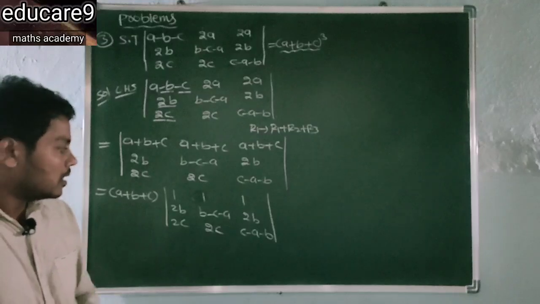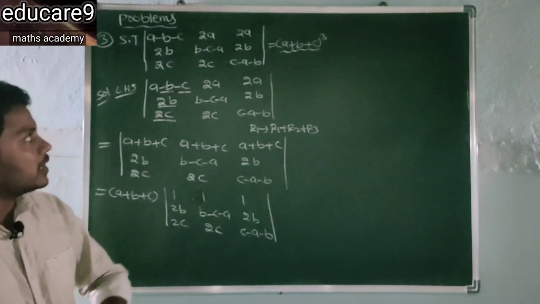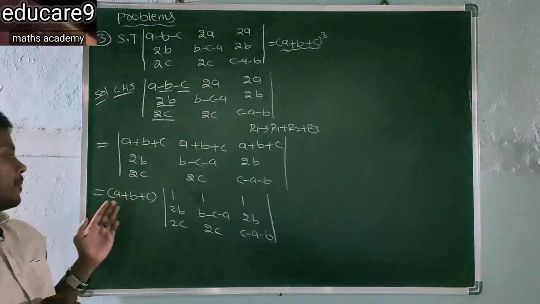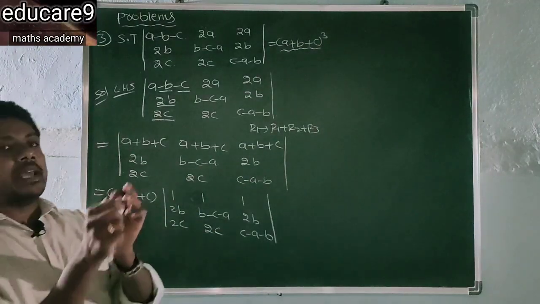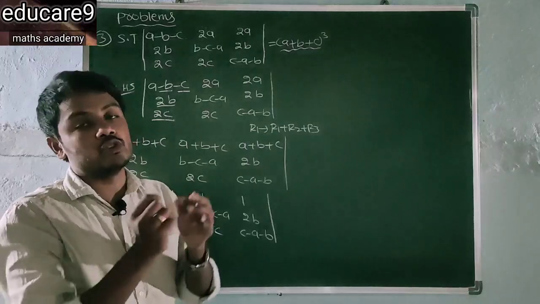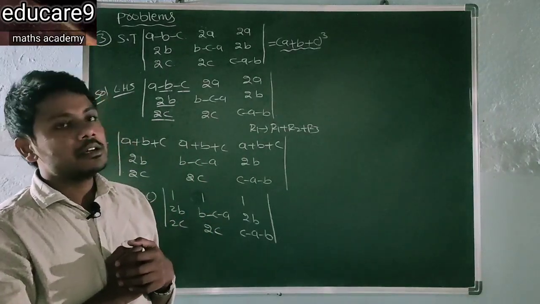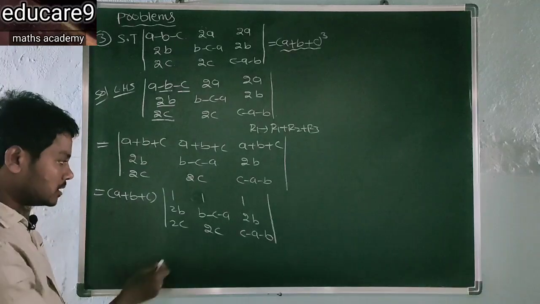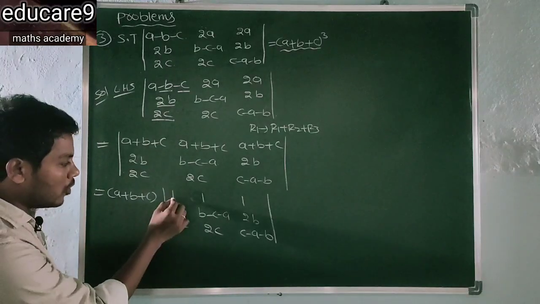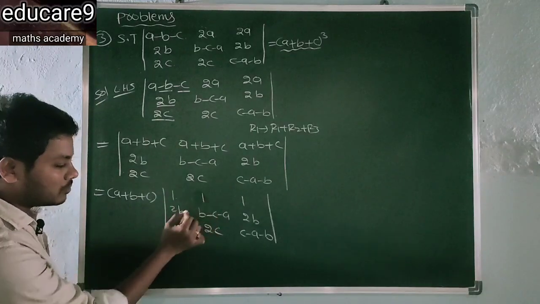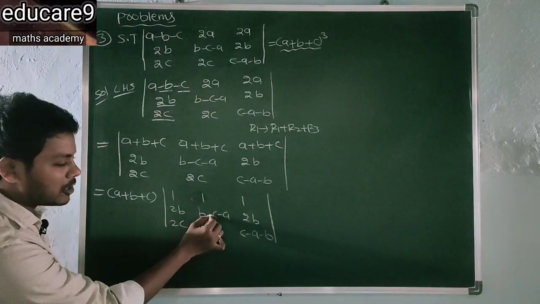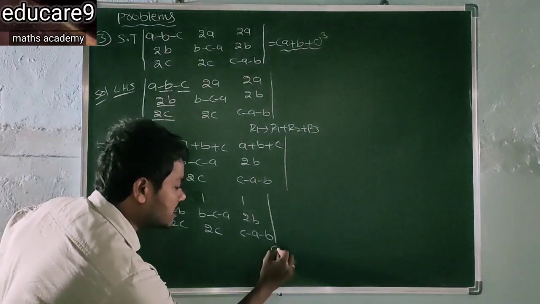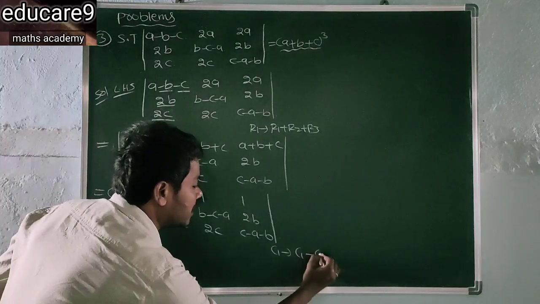Okay. Now here again you want A plus B plus C because of the cube. So one A plus B plus C is outside, and the remaining is A plus B plus C whole square. Again you want A plus B plus C. For that, see here, if you do C1 minus C2: 2B minus B is B, minus of minus C plus C, minus of minus A plus C. So clearly C1 implies C1 minus C2.